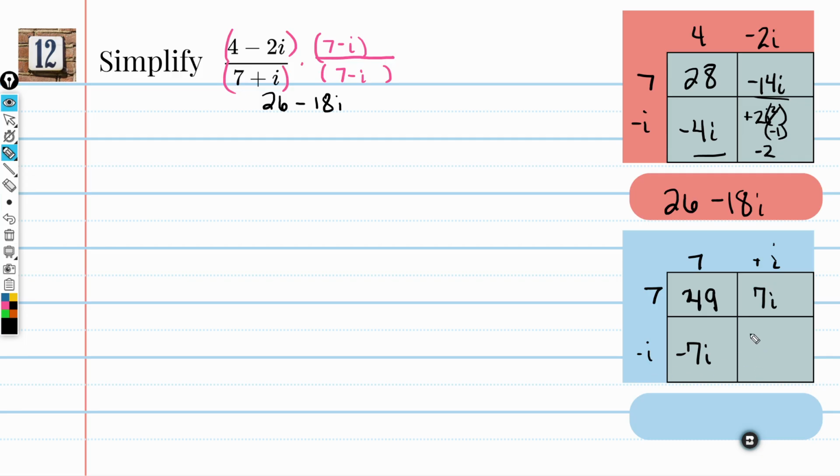And negative I times a positive I is a negative I squared. So that's negative times a negative 1. And so that gives us a positive 1. So our 7I's cancel out, giving us a 50.